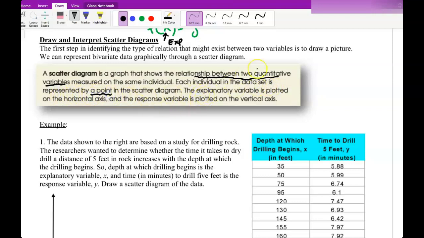The explanatory variable is on the x-axis, the horizontal axis, and the response variable is on the y-axis, the vertical axis, so we use y for that.